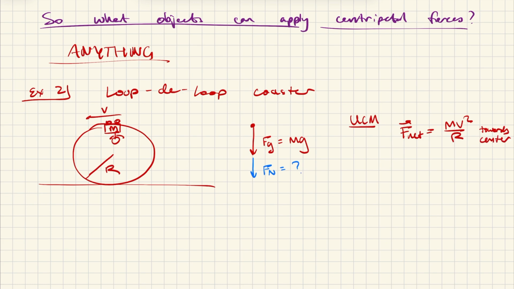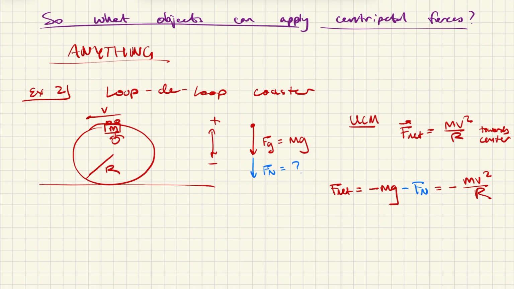In this case, when we inspect our free body diagram, we can tell that our net force is minus mg, because we have our usual axes here, minus Fn. And because of uniform circular motion, these two have to add up to mv squared over r with the negative sign, because now towards the center of the circle is downwards.